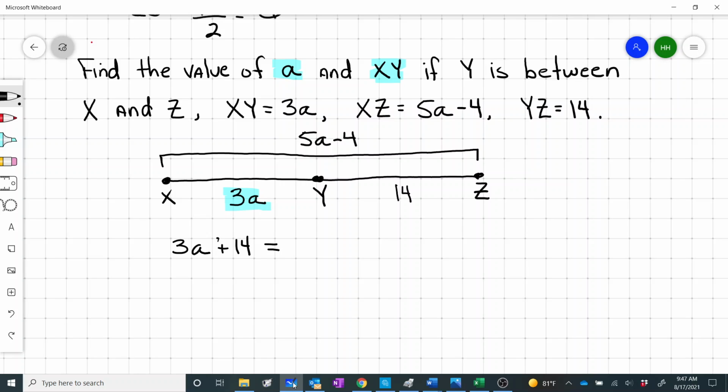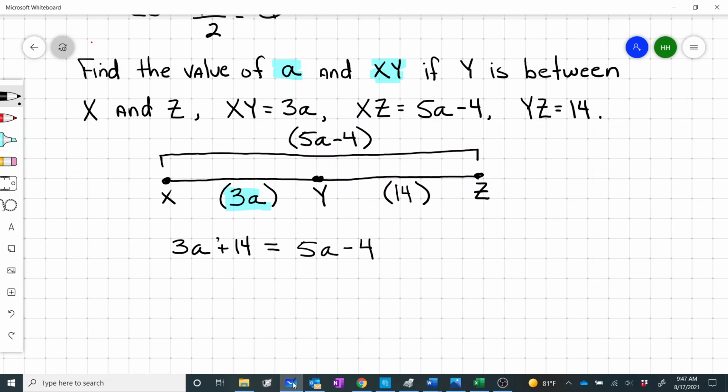What will the two small pieces added together equal? Won't they equal the big piece? Which is 5A minus 4. You got to be thinking in terms of A right here. Here's your one small piece plus the other small piece. It equals the length of the entire piece.